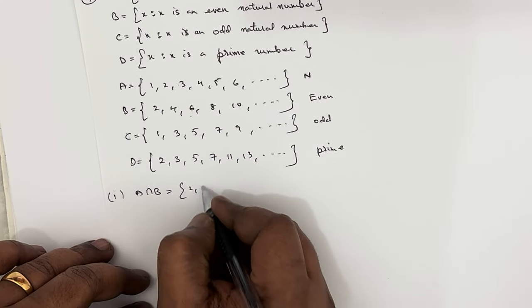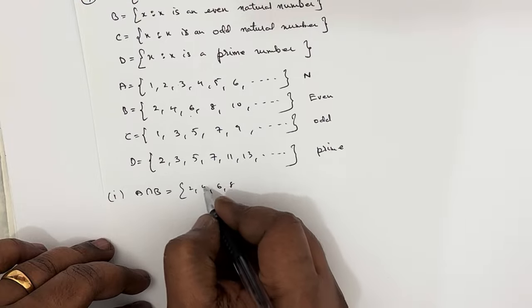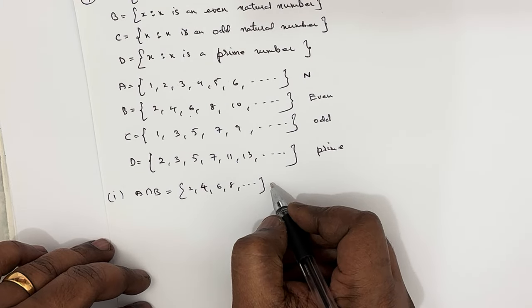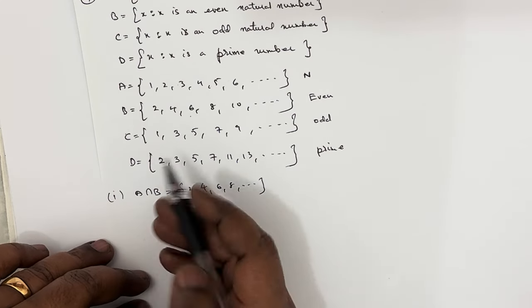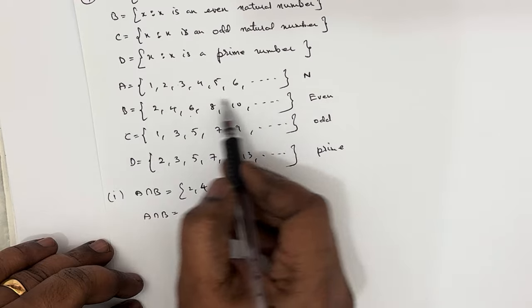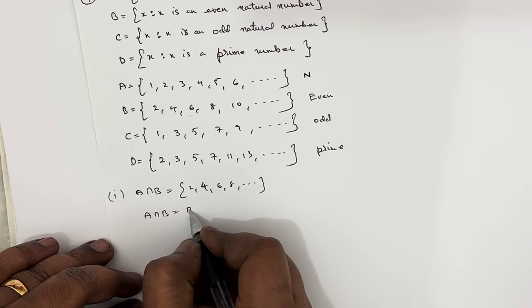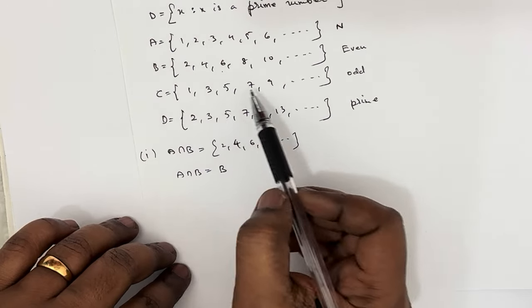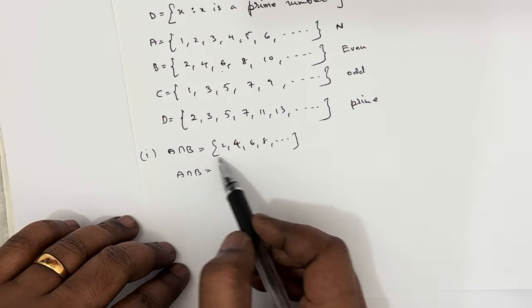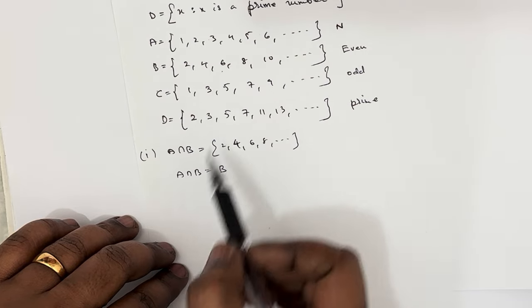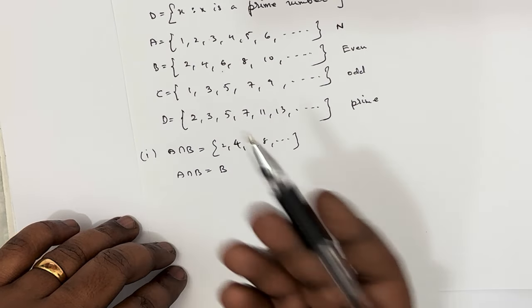So a intersection b is equal to b, because b is all the even numbers.